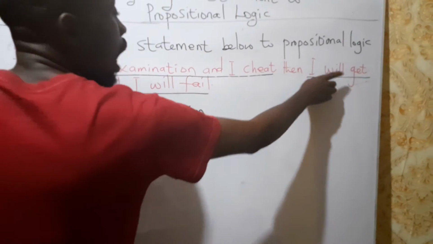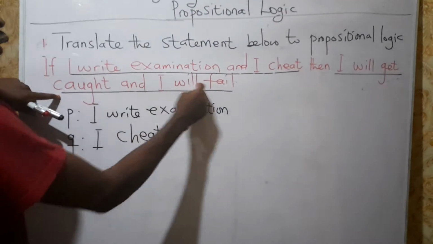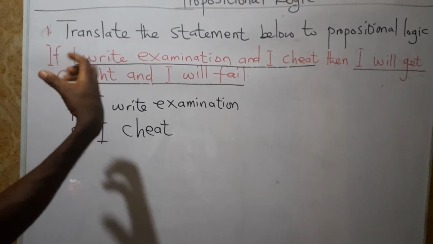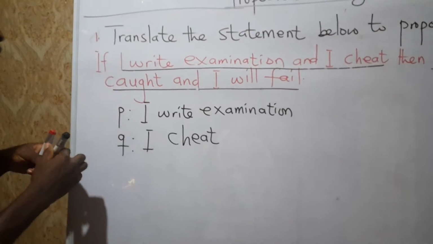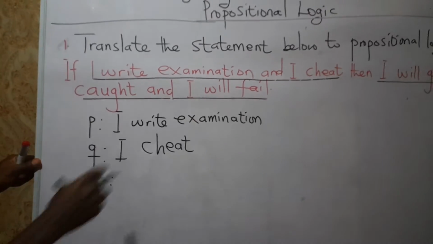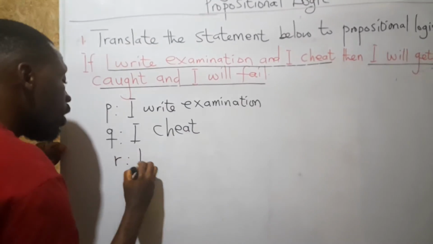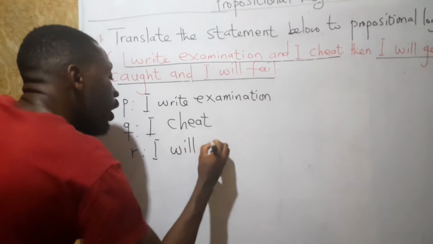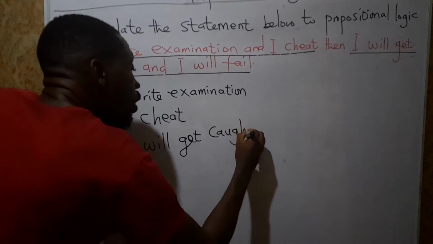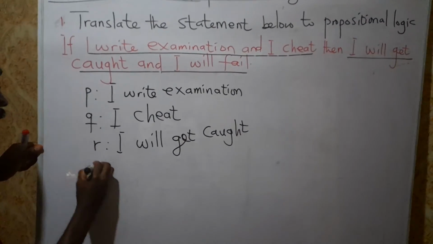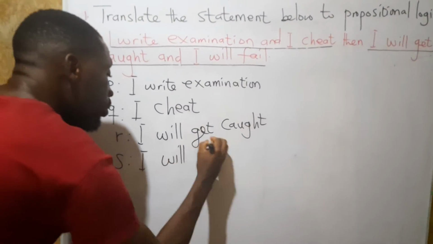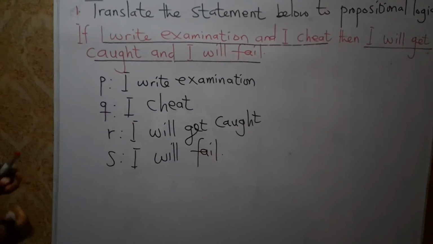Then we can have I will get caught and I will fail. So since there is and here too, it becomes a conjunction. So it's combining two statements again. So we can say we should let R be I will get caught. Then our S becomes I will fail. So look at it.